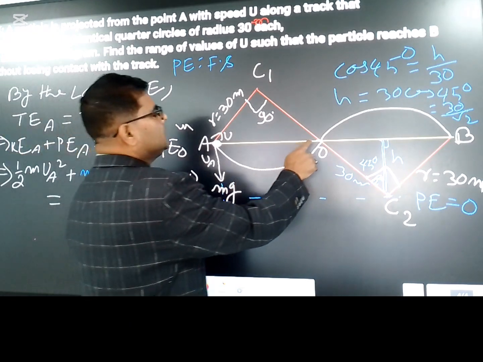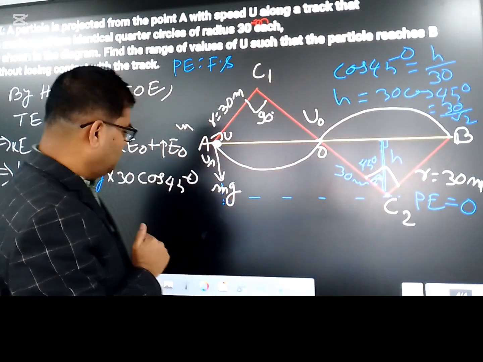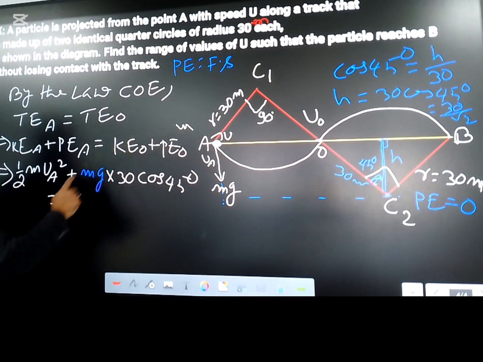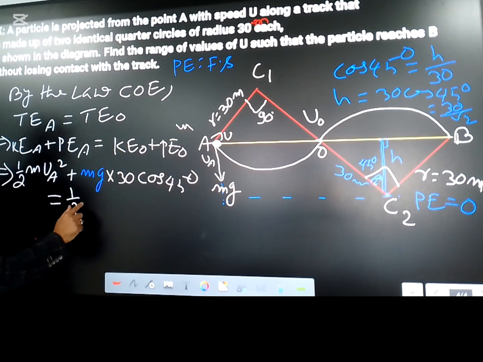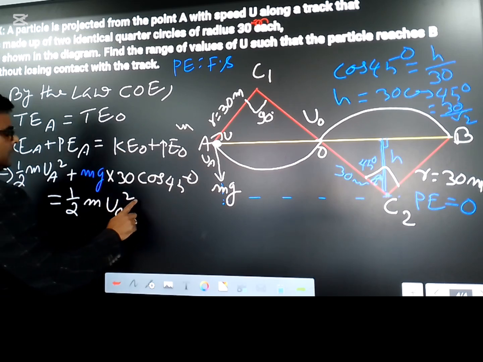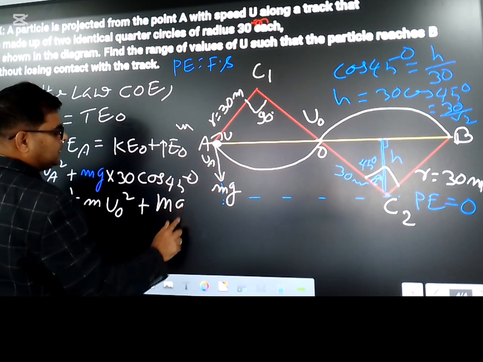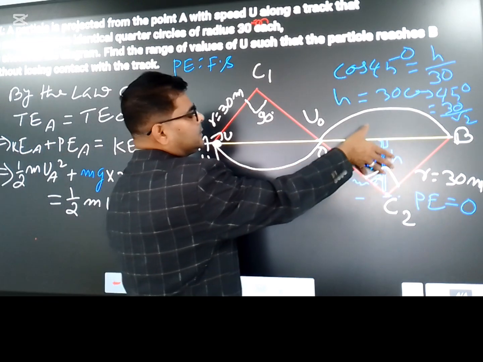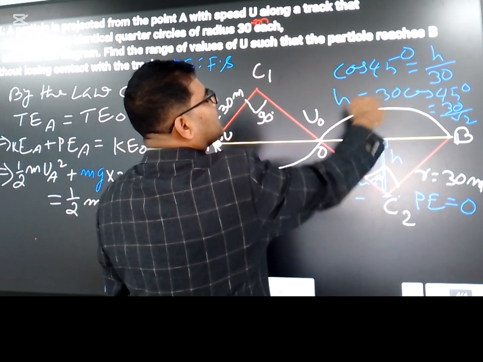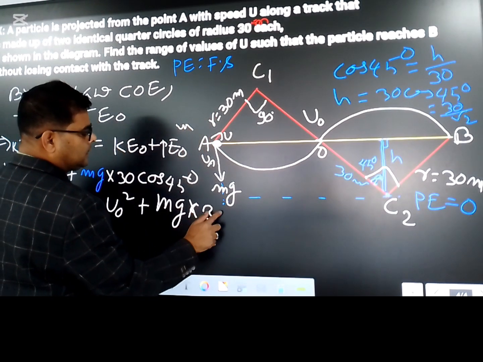At this point, say the velocity is uo, at point O. So the kinetic energy at that point will be, due to the motion, half m uo square, and the potential energy is plus mg, and the height is still the same here. So this value is 30 cos 45 degrees. So we can write here times 30 cos 45 degrees.